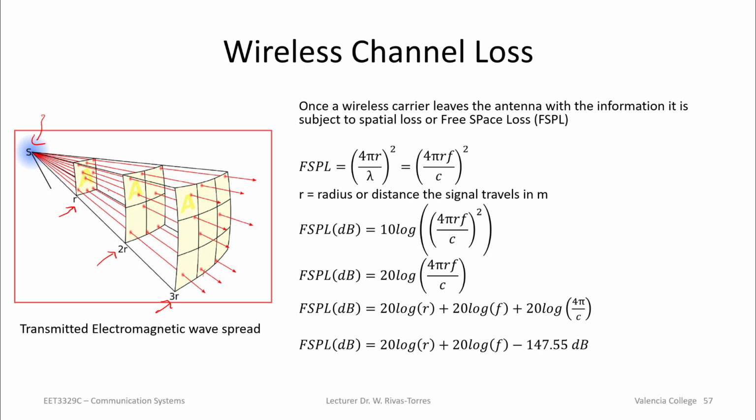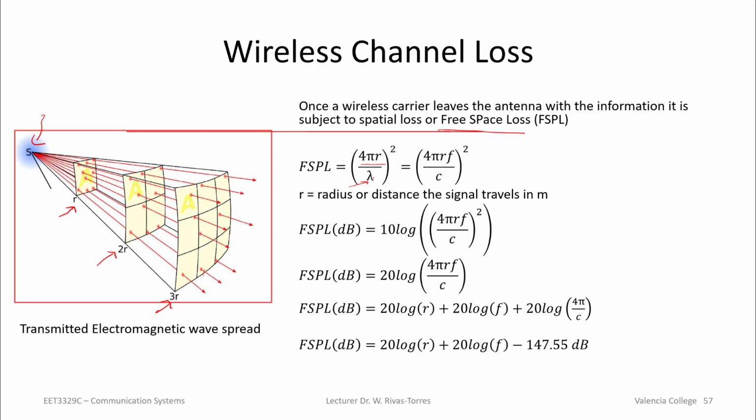All right. So there's a simple formula for this free space loss, as we call it, and we abbreviate it with FSPL. Because it involves the surface of a sphere, that's where the 4 pi r comes from, and r stands for distance or radius. And notice that lambda, or the wavelength, is also a parameter here.